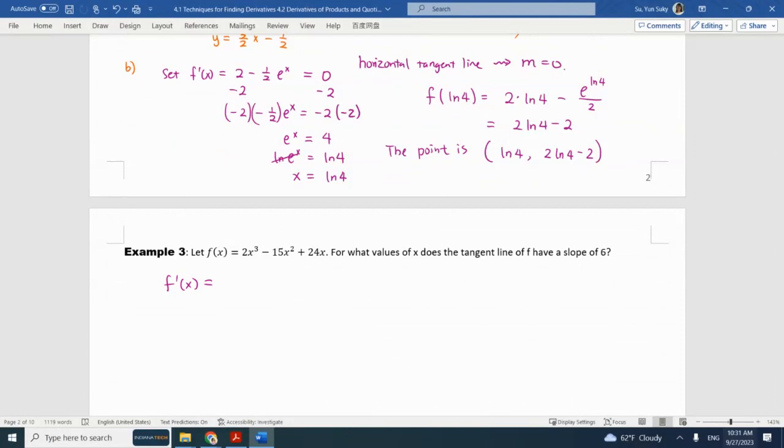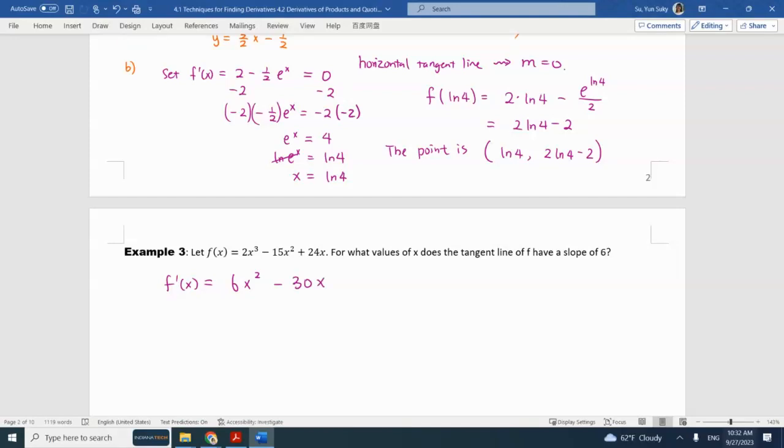What's the derivative of the first term? Blaine? 6x. Yes. What's the derivative of the second term? Will? Yeah, minus 30x. Is everybody okay with this?